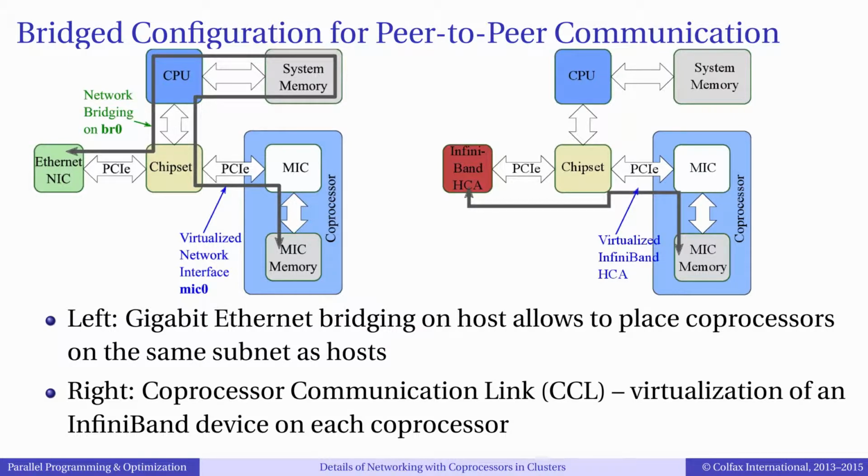The MPSS stack can virtualize Ethernet or InfiniBand network in the operating system running on Xeon Phi. This makes networking transparent to applications. In other words, your application does not know that its MPI calls will send data across the PCI Express bus and then across another network.